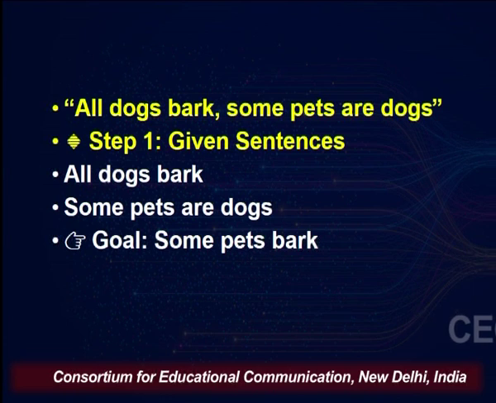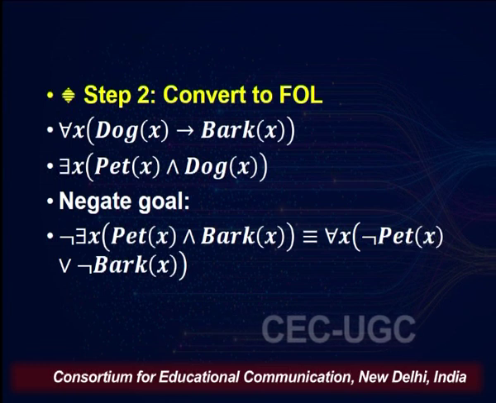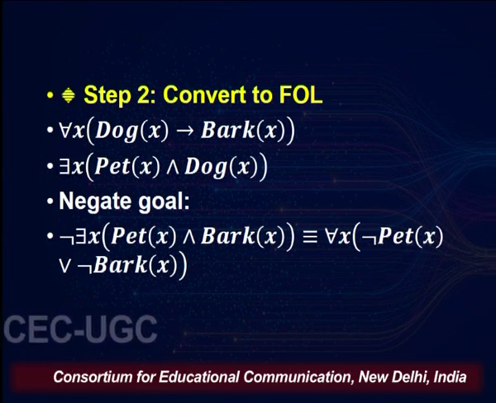Now, one more example. Let us say: all dogs bark, some pets are dogs, and the goal is some pets bark. This statement has a difficulty level similar to the second one. Here we will convert them to FOL. For all x, dog(x) implies bark(x) is the first FOL conversion.